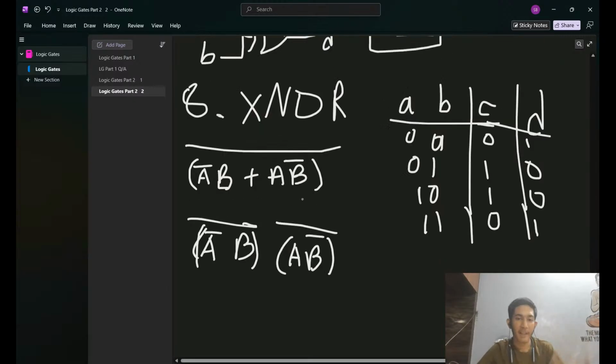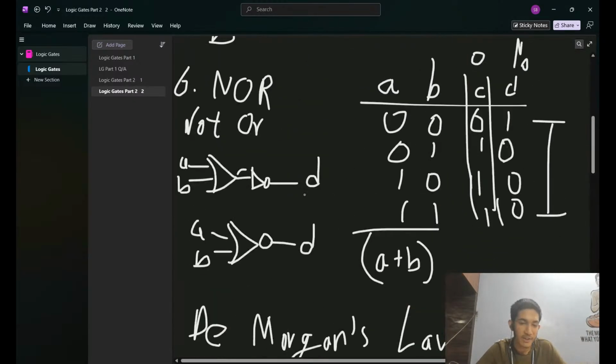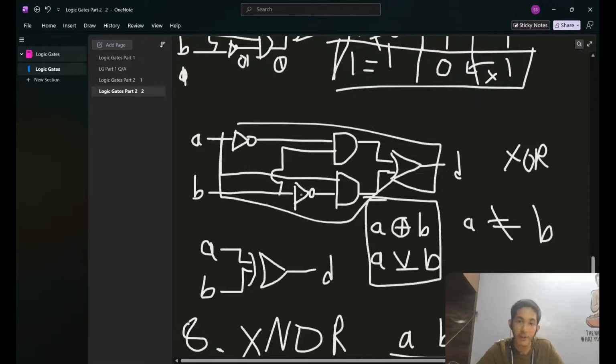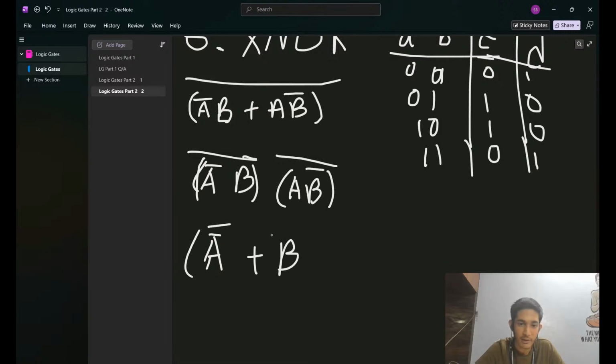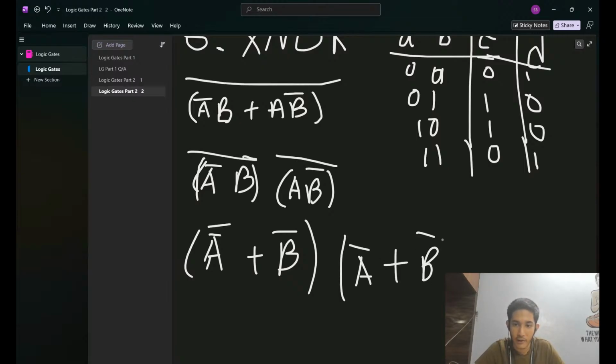Now again, let's use De Morgan's law again to figure it out. So we have A NOT NOT plus B NOT, of course, times A NOT plus B NOT NOT.